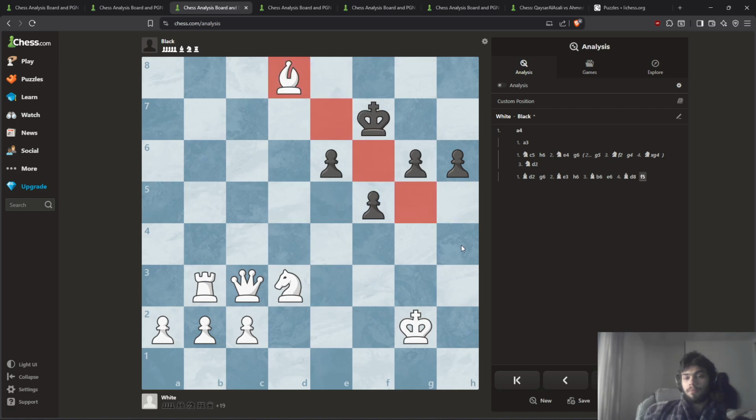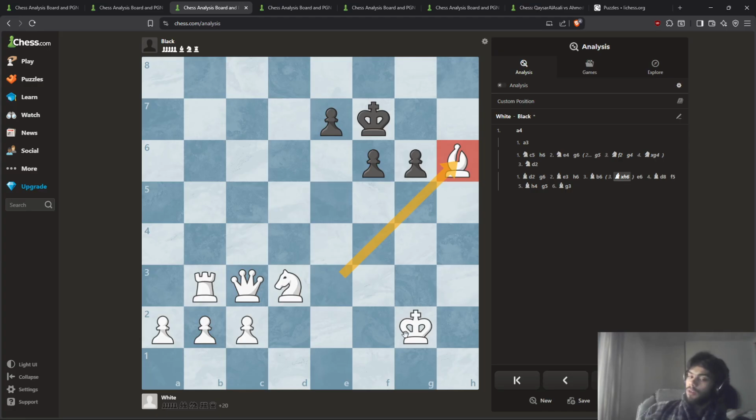Basically moving diagonally. Also captures diagonally. So let's say over here, I can capture this pawn on h6. That's how the bishops move.